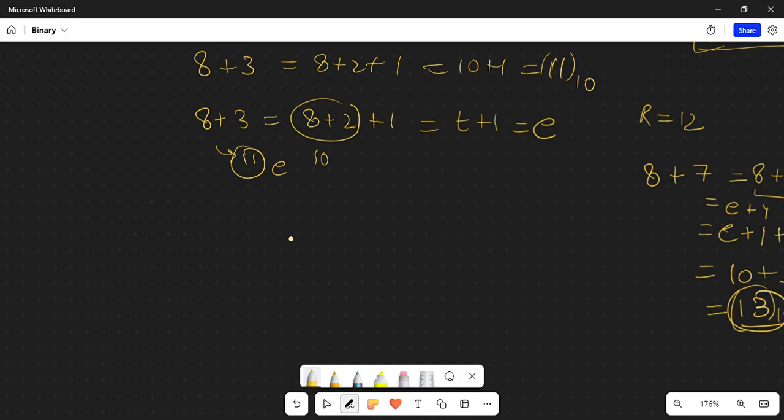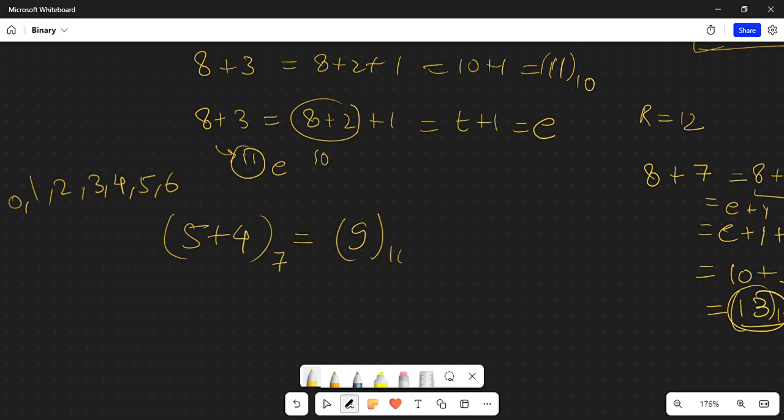For example, 5 plus 4, let's just say the radix we are dealing with is 7. Okay, so a radix of 7 means that we have numbers till 6 only, and after 6 comes 10. So in this case it will become 9 of decimal, but we do not have numbers beyond 6 in this system.